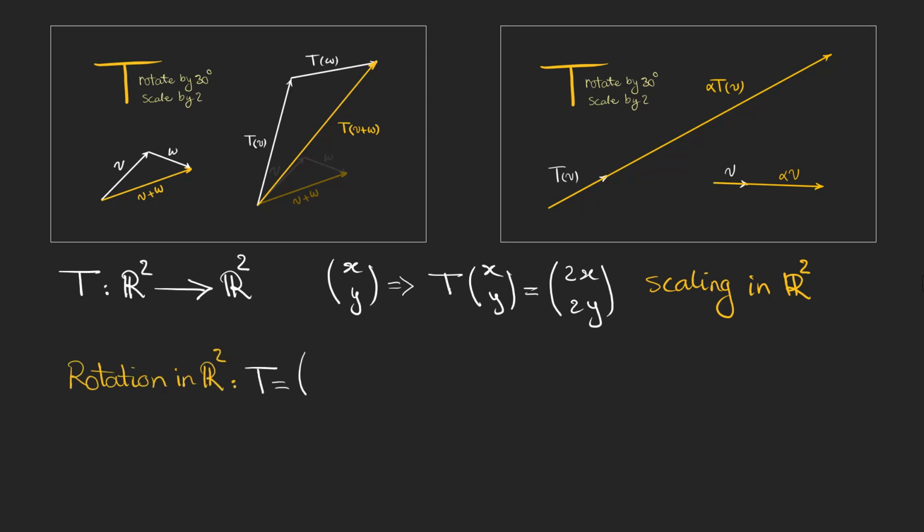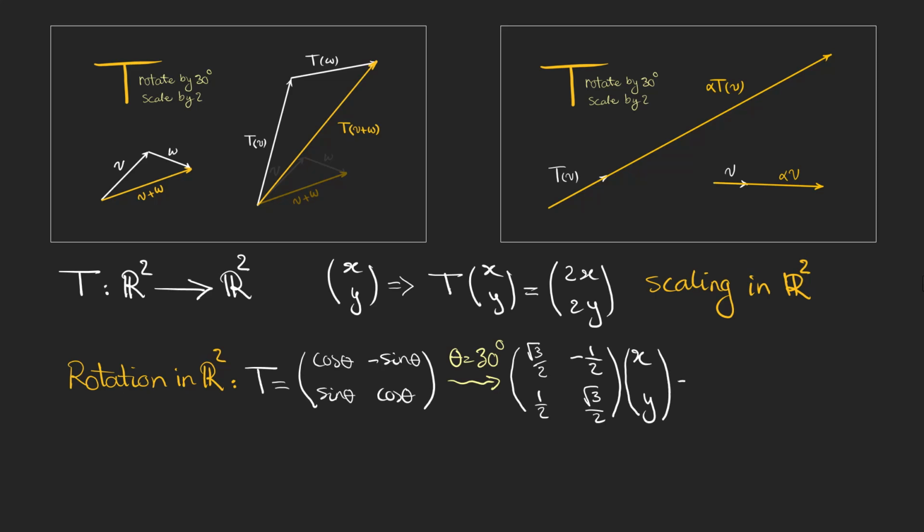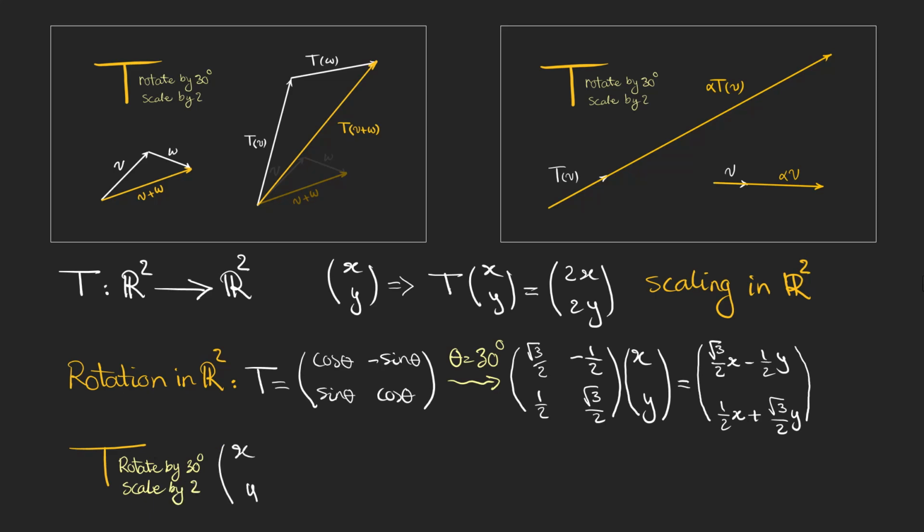Also, rotation is a kind of linear transformation, and as I have talked about rotations and their matrices on this playlist before, you might know that a rotation on a 2D plane can be shown by this square matrix. So, a 30-degree rotation does this to a vector and changes it into another vector that you can see on the screen. As a consequence, if we scale a vector by 2 and also rotate it by 30 degrees, we get the relation for this linear transformation you saw in the beginning of the video.